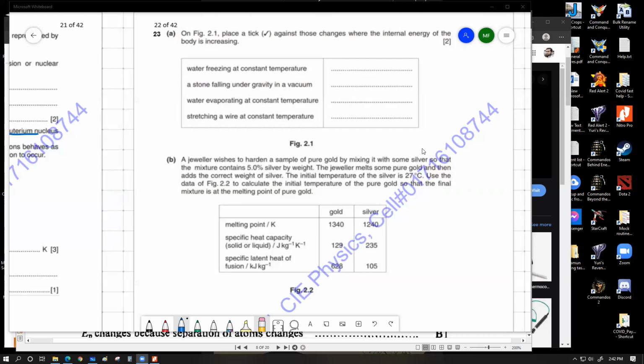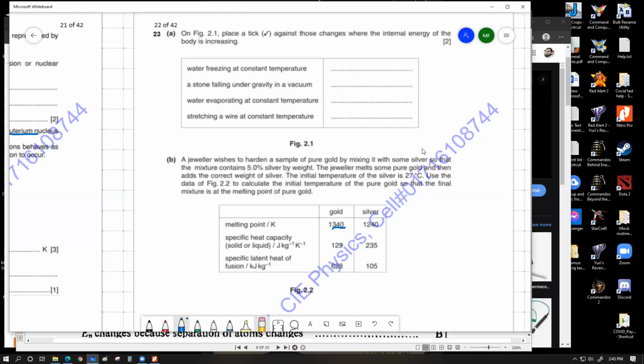Have a look at these problems. Gold has a melting point of 1340 Kelvin. Silver has a melting point of 1240 Kelvin. To make sense with the problem, let me just write up this temperature, which is relevant for this question. Let's say over here by a vertical scale.